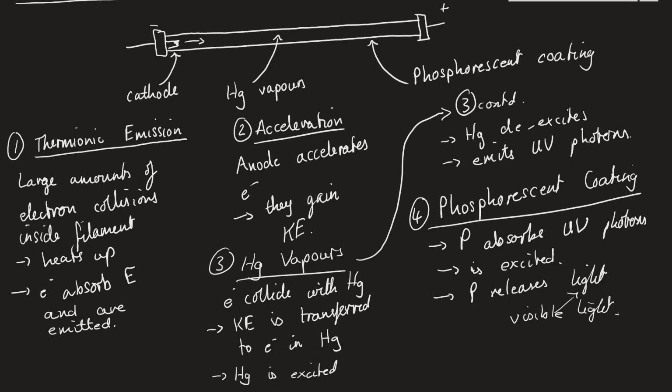If anyone is interested, there's also a phenomenon called Compton scattering, which follows this same idea, where a collision between two electrons is going to cause a photon to be emitted. And you'll get to that at higher levels for anyone who wants to go on to do physics or maybe even engineering at university.